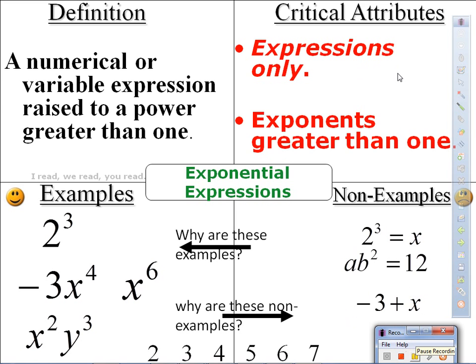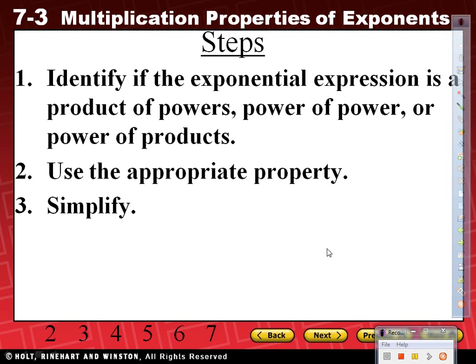Steps. Number 1, identify if the exponential expression is a product of powers, power of power, or power of products.